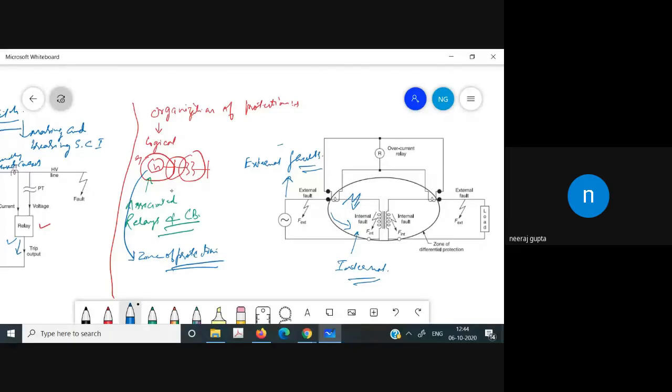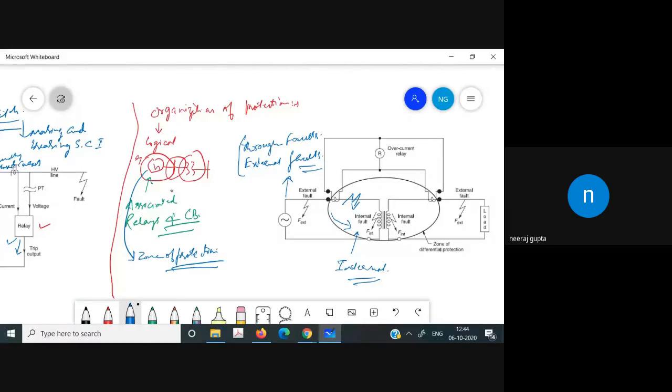So inside the zone we have the internal faults, and outside the zone we have the external faults, and external faults are also known as the through faults.